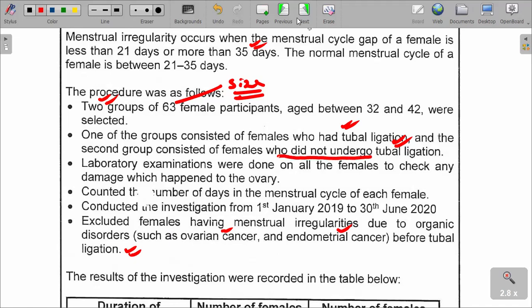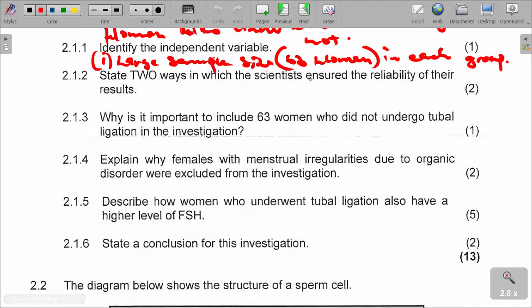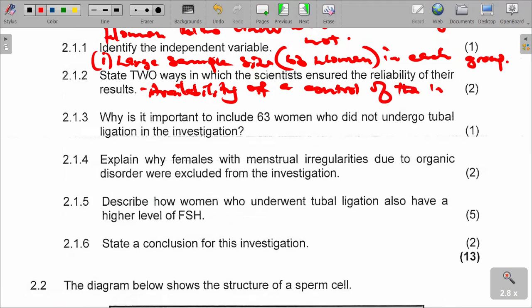So the reliability of the results was also improved by the availability of a control of the investigation, which is given because of the women who did not do the litigation.